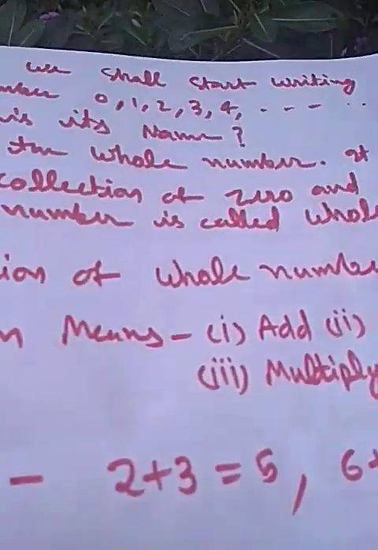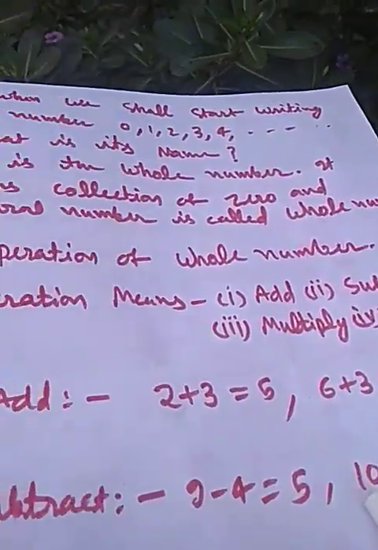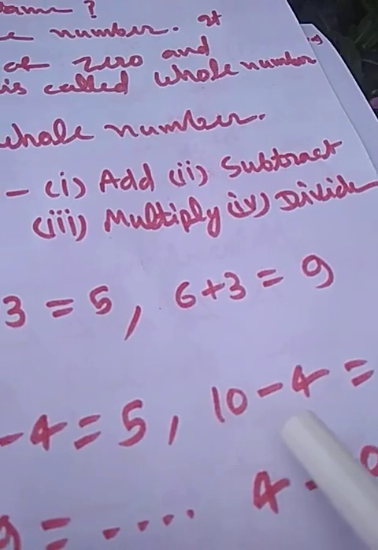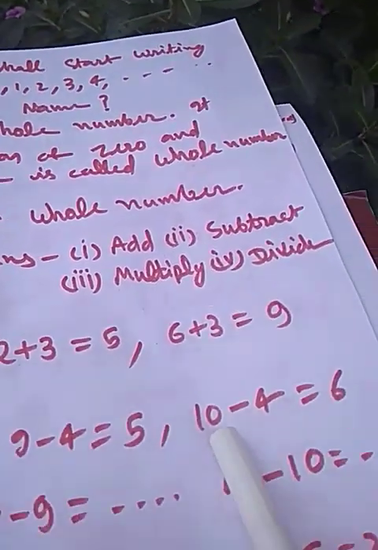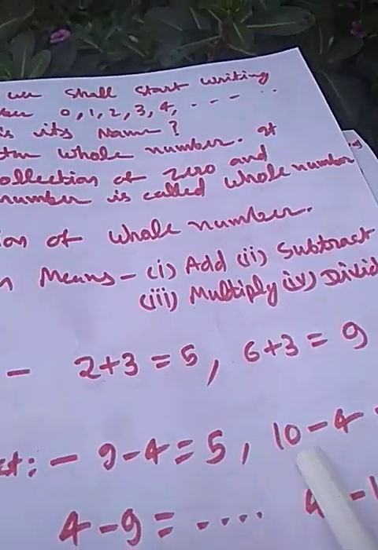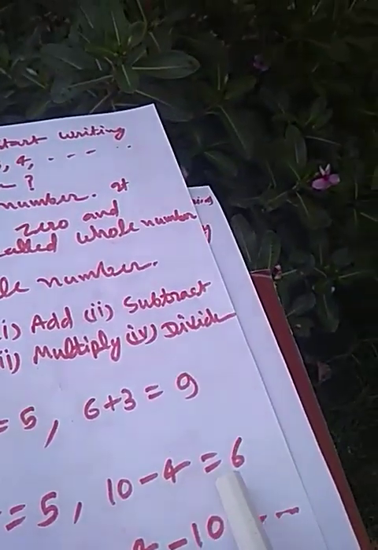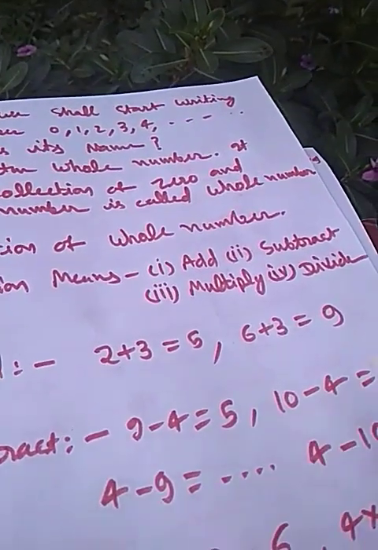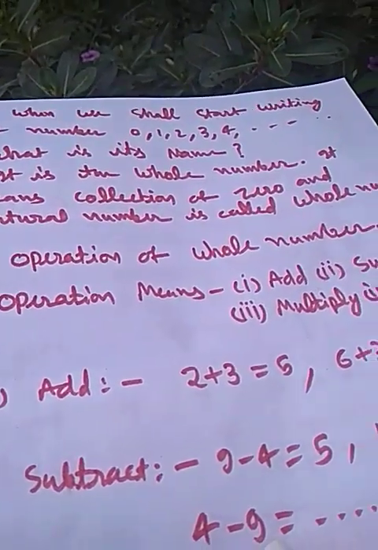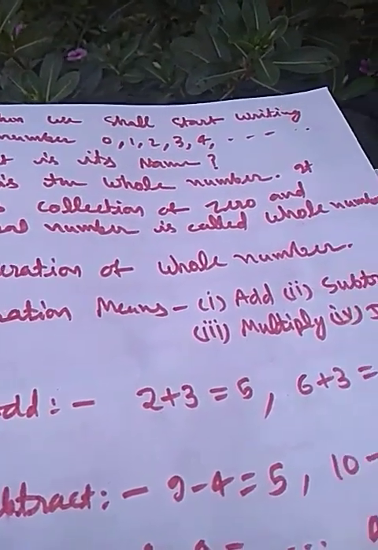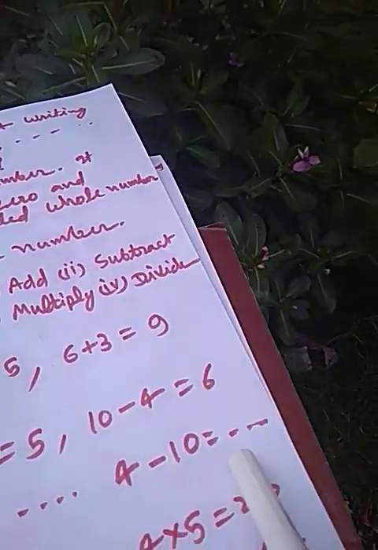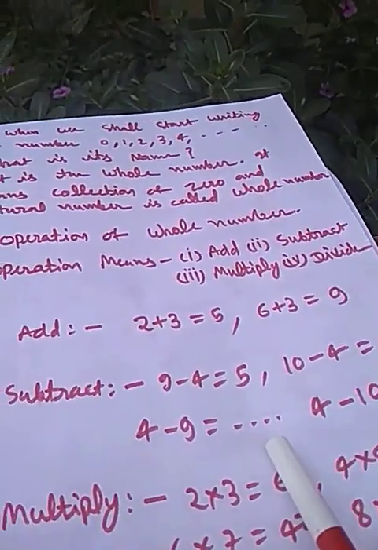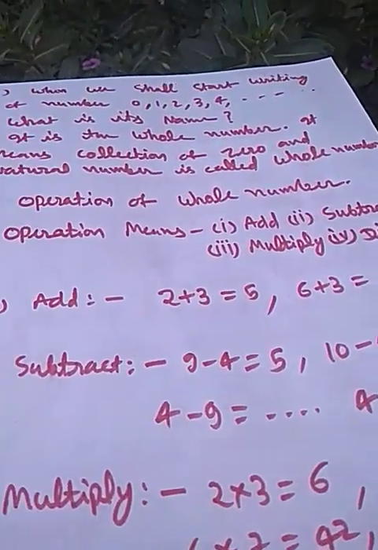And in the second case, there is also 10 minus 4, that is equal to 6. Here 10 is a whole number, 4 is a whole number, and the difference is also a whole number. But if it is written 4 minus 9, then what will be written? And 4 minus 10, then what will be written here? So we shall consider it after some time.